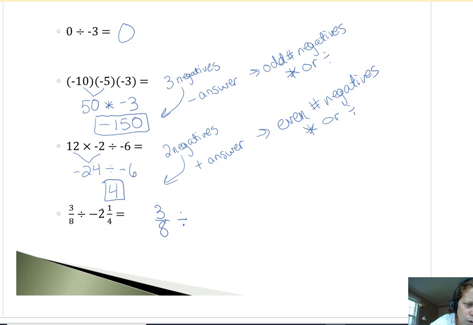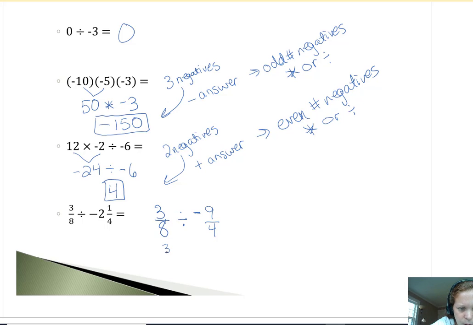Notice here, be careful. The whole number is negative, so that's just going to be hanging out front. Then we change 2 1/4. 4 times 2 is 8 plus 1. This is 9/4. Notice I'm not doing 4 times -2 plus 1. It's just that the whole value of 2 1/4 has a negative value. So kind of ignore the negative when you do the changing from mixed to improper.